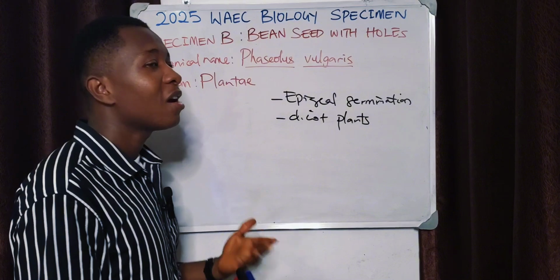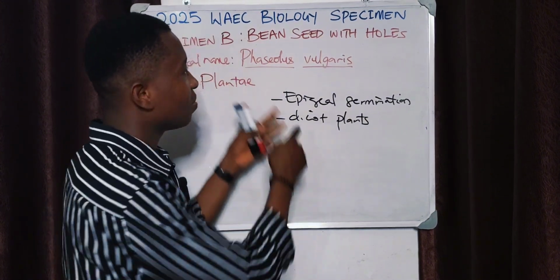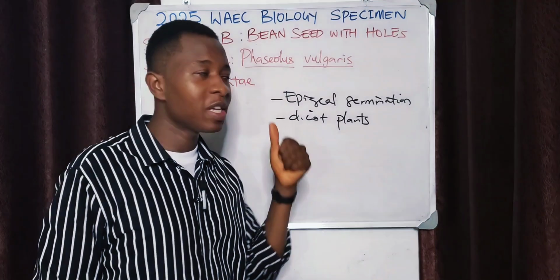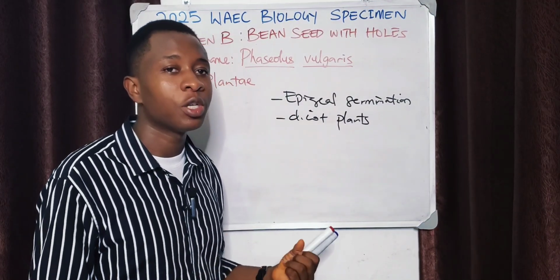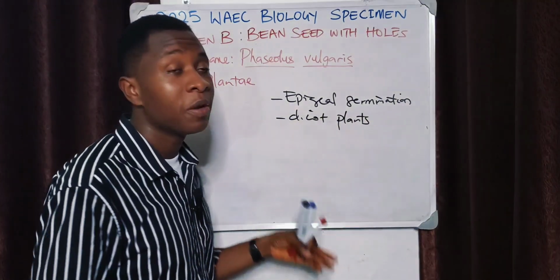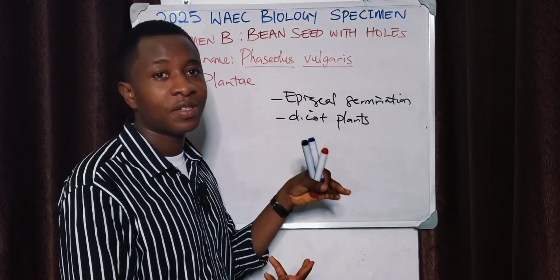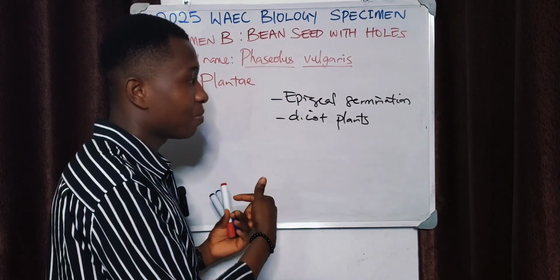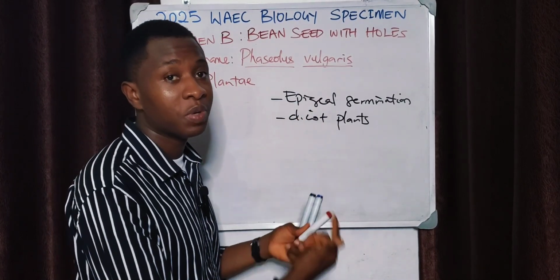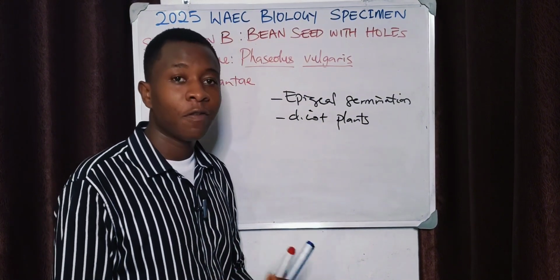Now, they can also ask you what is the relationship between specimen B and specimen A. Remember, specimen A is bean weevil. So it is very simple. Specimen A parasitizes on specimen B. The moment the adult lays the egg, it develops into larva.